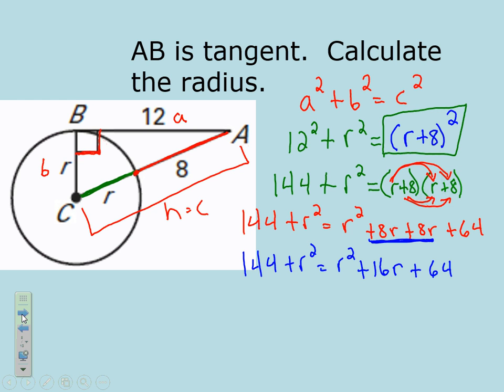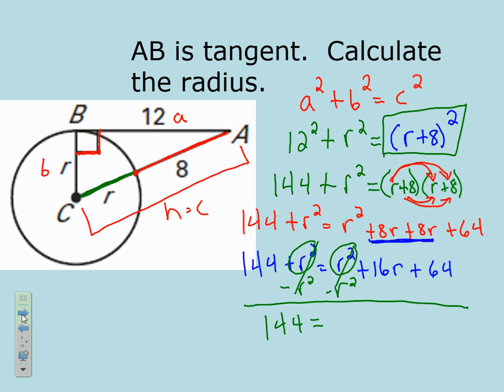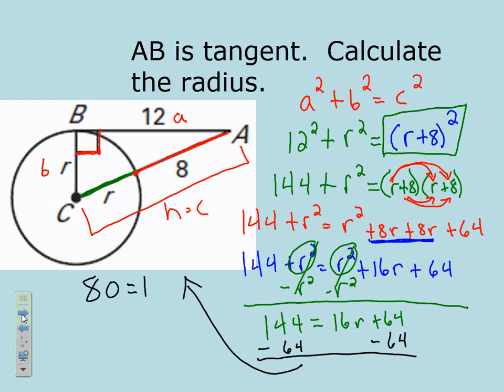Now, if we notice, I have two r squareds, one here and here. So I'm going to subtract r squared from both sides, and both of these are going to cancel. So I'm going to get 144 equals 16r plus 64. Now I can go through and solve for r. I'm going to subtract 64 from both sides, and I'm going to get 80 equals 16r.